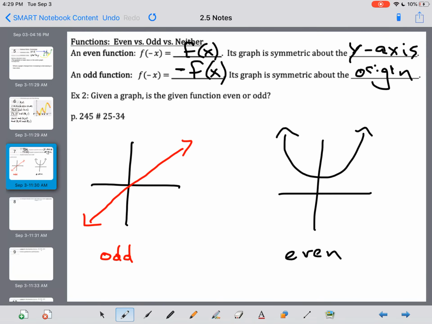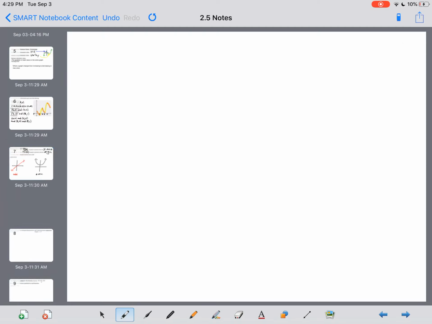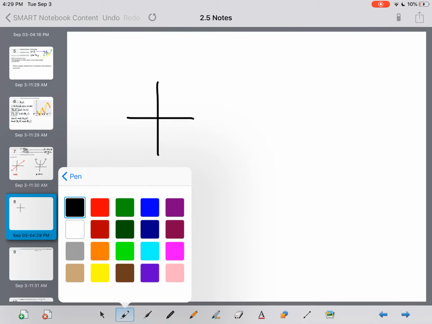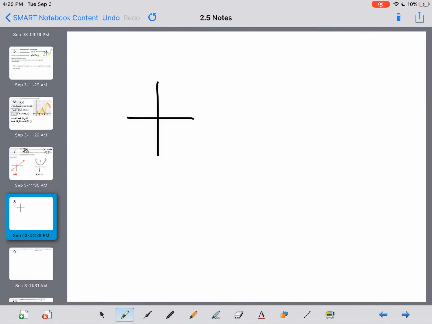All right. What about something like this? Let's do that. All right, a nice straight line, just kind of like that first example. So is this one even, odd, or neither?